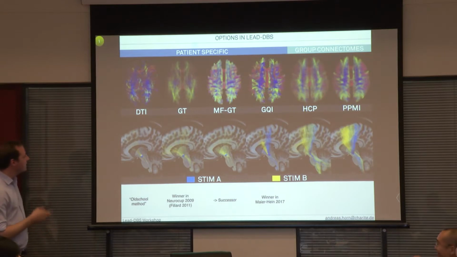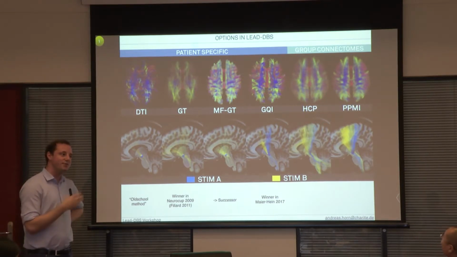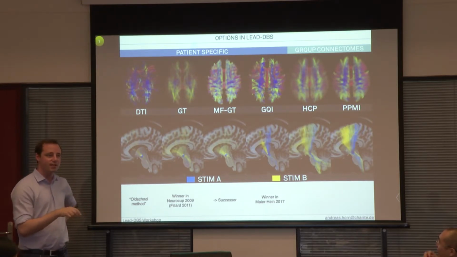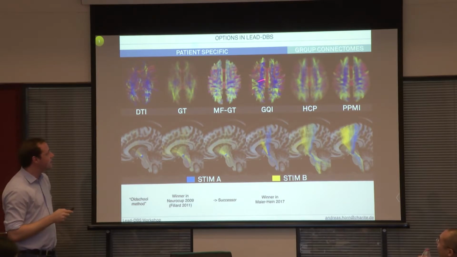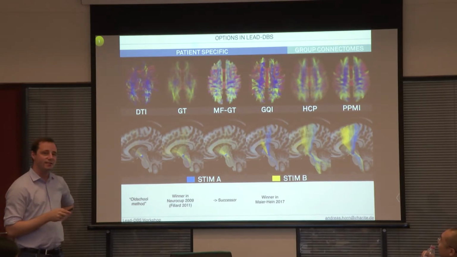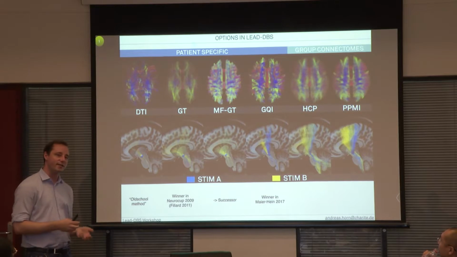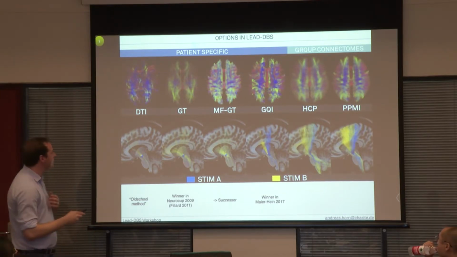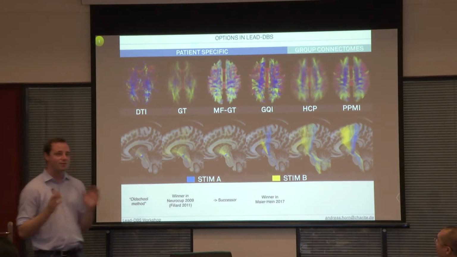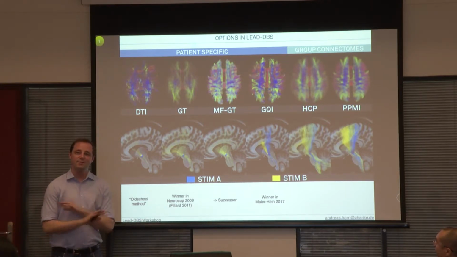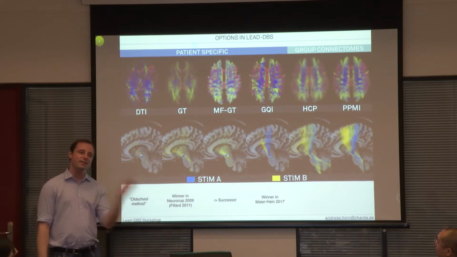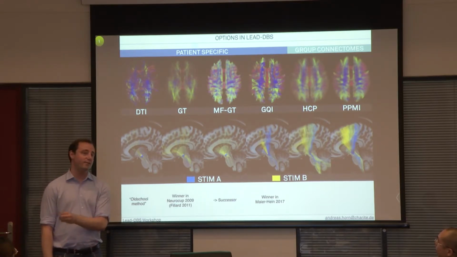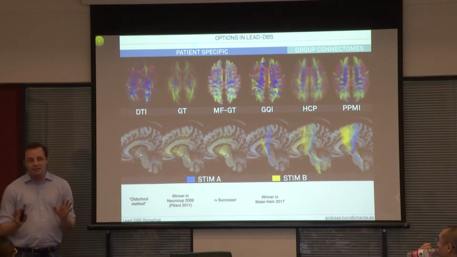Maybe one thing to also note is that if you use Lead-DBS or Lead Connectome to do this, it will always create a whole brain connectivity and then select the fiber tracks. So it's different than other software. No matter which method you choose, it will always first reconstruct all fibers, naive to where you look, and in the second step it will select the fiber tracks. And I think that's the way to go.